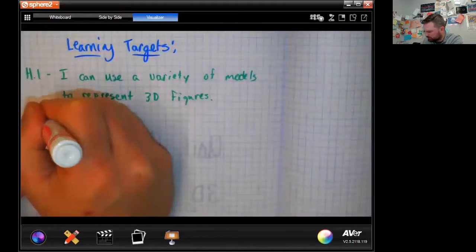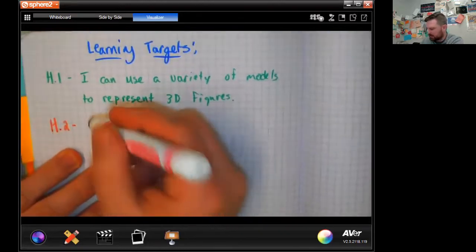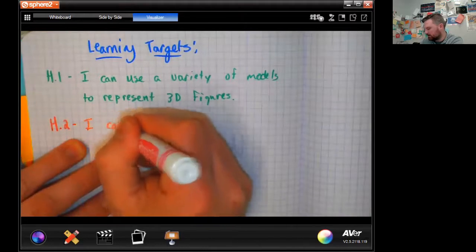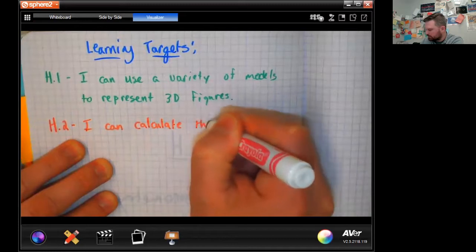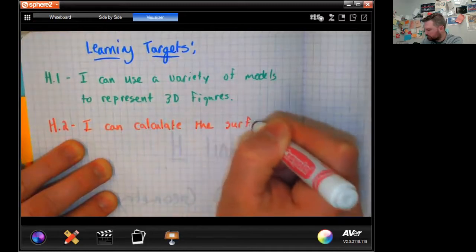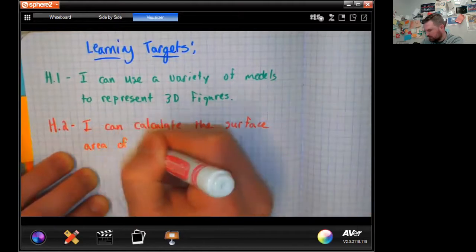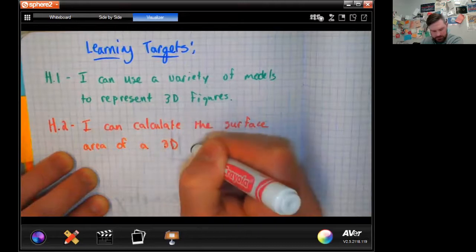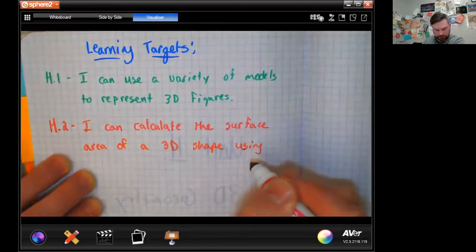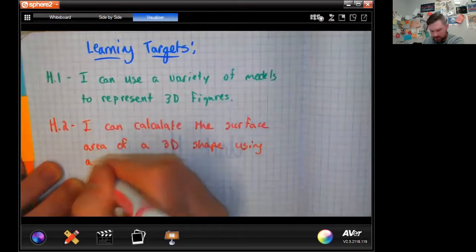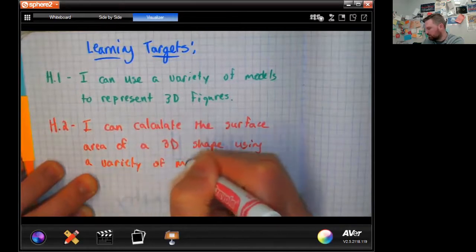Okay, the second one, H.2, we're going to spend quite a bit of time on, and that is I can calculate the surface area of a 3D shape using a variety of models.